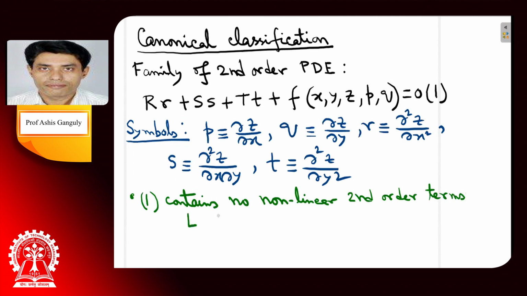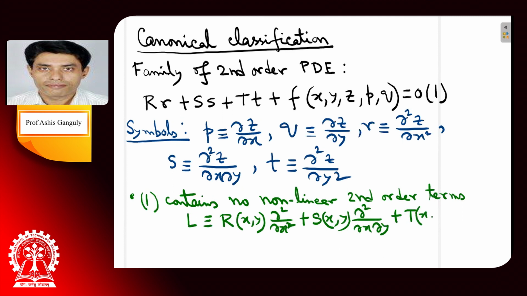You see that if you introduce a second order linear operator R del square del x square plus S del square del x del y plus T del square del y square, it is a linear operator.